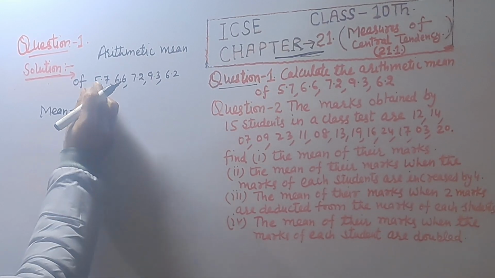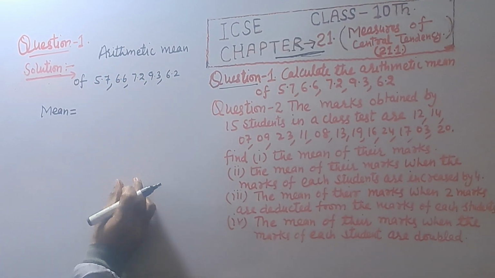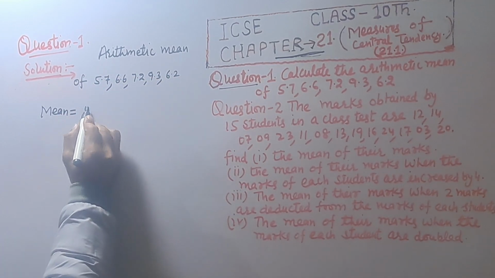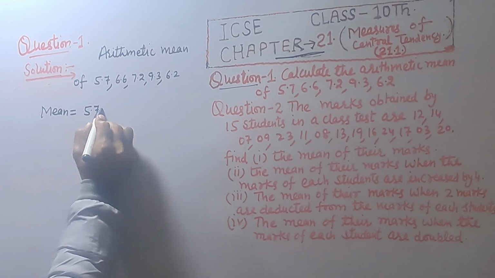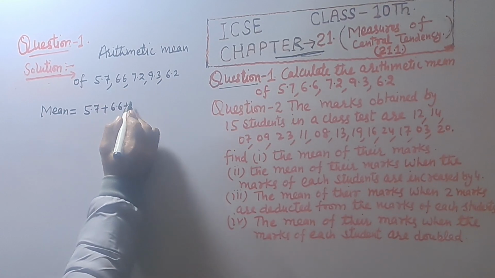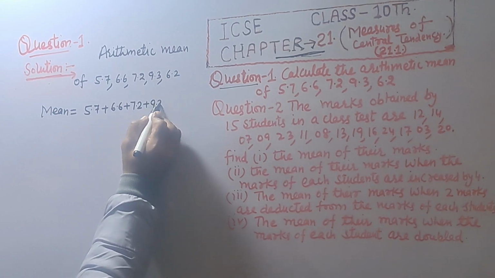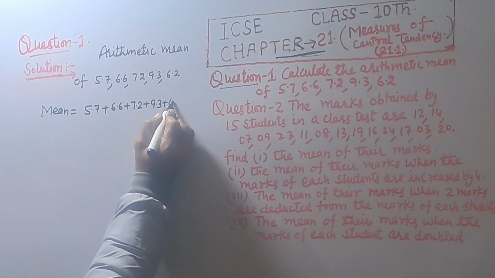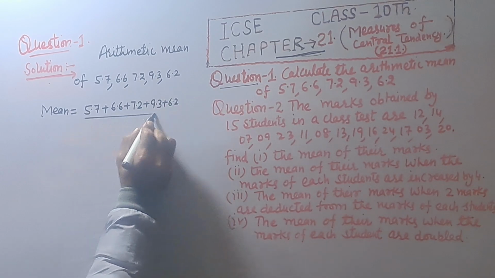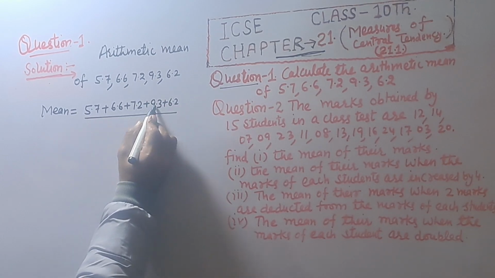Mean is equal to sum of numbers divided by total number. That is, 5.7 plus 6.6 plus 7.2 plus 9.3 plus 6.2 divided by total number, which is 1, 2, 3, 4, 5.